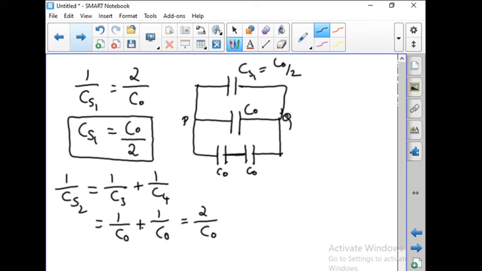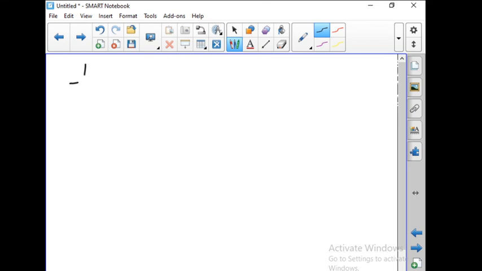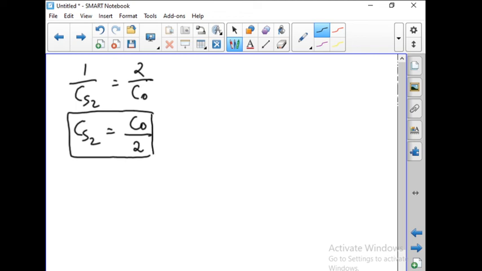So what is the value of 1 by CS2? It is 2 by C0. Or CS2 is equal to C0 by 2. So the lower two capacitors are also replaced by a single capacitor. Now the circuit diagram will be simplified like this.